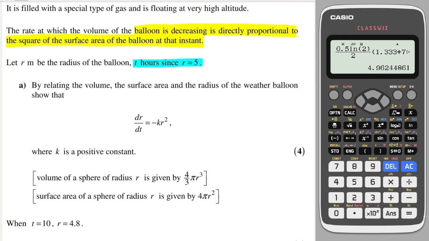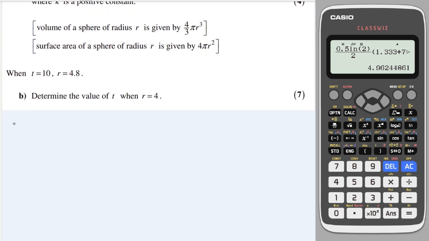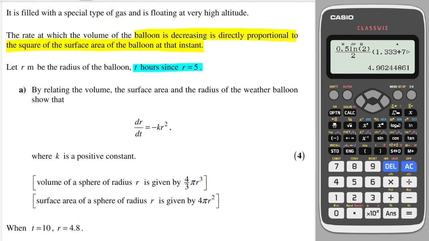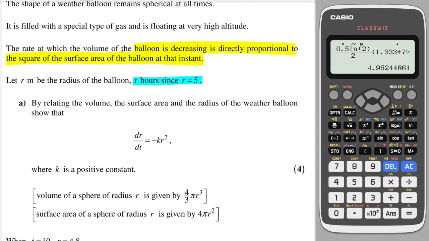So let's start off by writing the volume formula for the balloon, which will be 4/3 pi r cubed. Let's also work out the surface area, which will be 4 pi r squared. And let's also use this yellow line and say the volume of the balloon is decreasing.